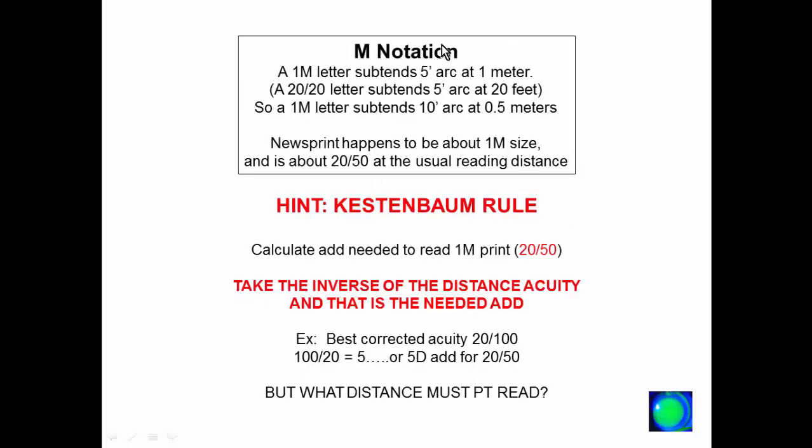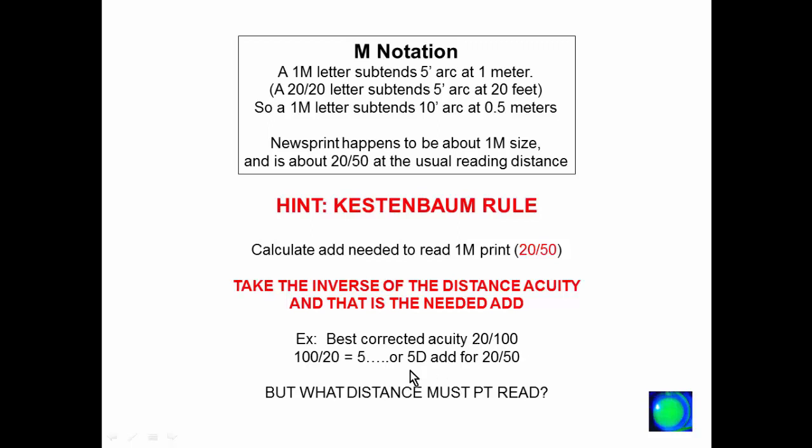The definition of legal blindness in the United States is 20/200 or worse in the best eye. So that's very important. It's in the best eye. There's this concept of M notation used very commonly with a low vision specialist. It's useful in the Kestenbaum rule. So if you have a low vision patient and you want to know how much magnification you need to read 1M print, the amount of magnification is simply the visual acuity taken as the inverse.